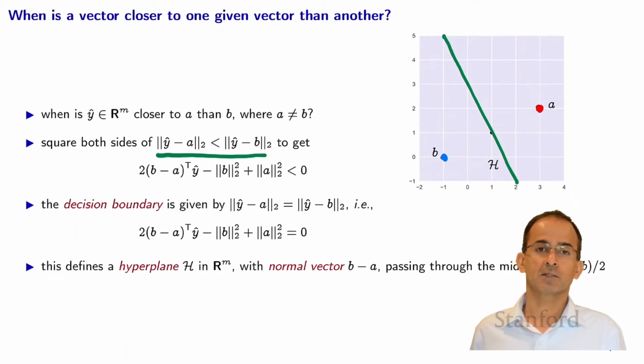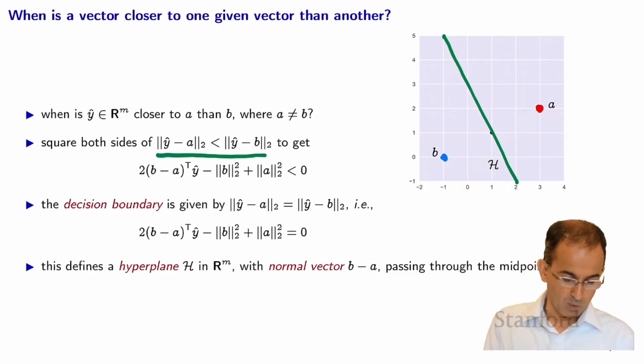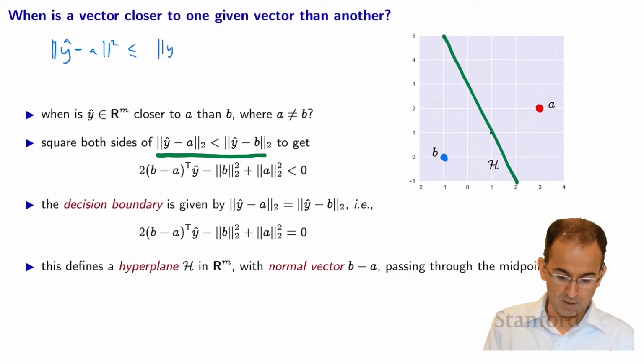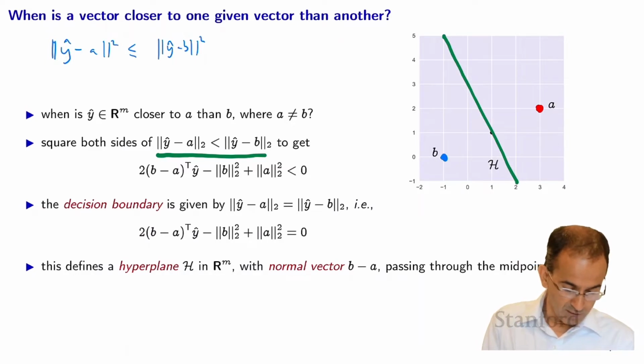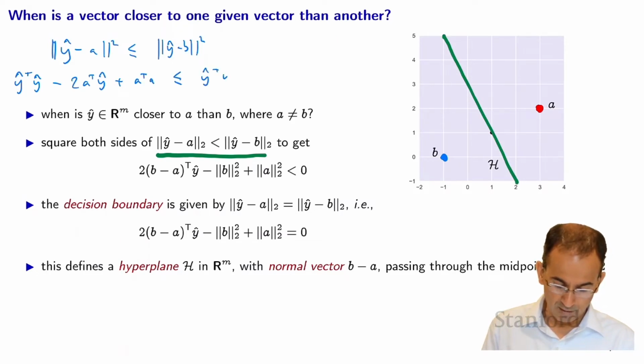Now we square both sides, those are both 2 norms. What happens is we get an expression which looks like the norm of y hat minus a squared is less than or equal to the norm of y hat minus b squared. And if we expand those squares, well, then we get that y hat transpose y hat minus 2a transpose y hat plus a transpose a is less than or equal to y hat transpose y hat minus 2b transpose y hat plus b transpose b.